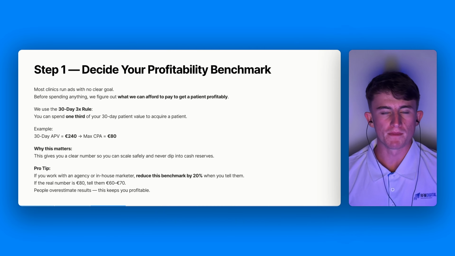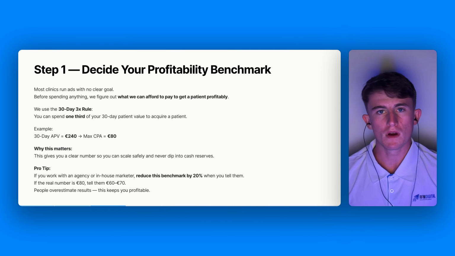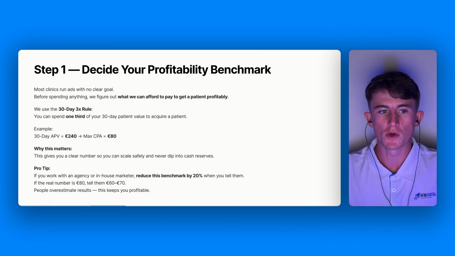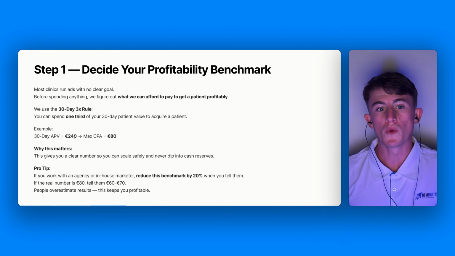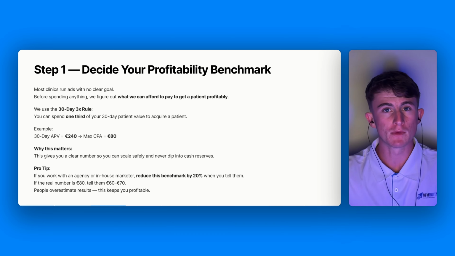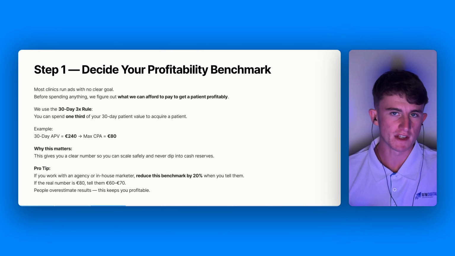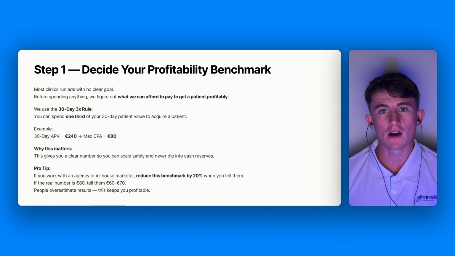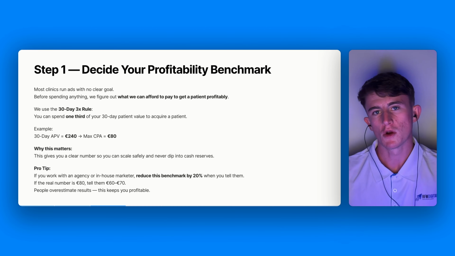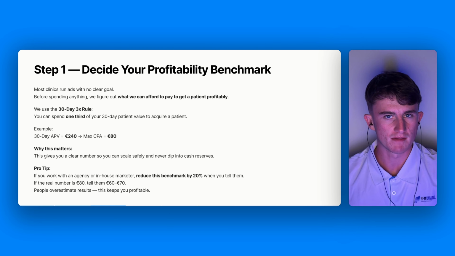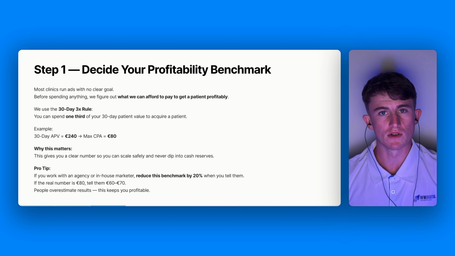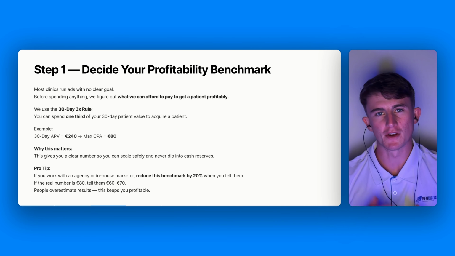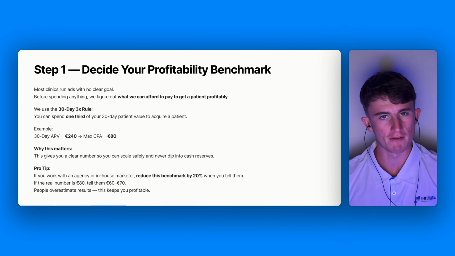So for example, if your average patient value over the first 30 days is €240, we believe we can spend a maximum of €80 to acquire this patient. This ensures cash flow is never an issue for investing into marketing, and it also allows you to never touch your cash reserves when investing into marketing. So this 30-day 3x rule ensures that you stay in the green with your ads and your profitability.